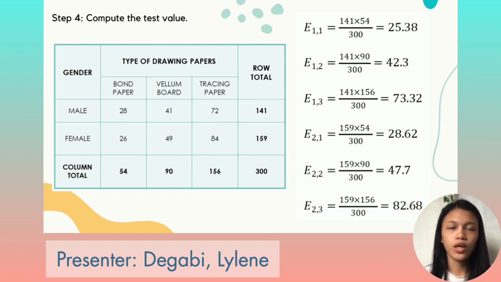In row 2, column 2, 159 times 90 divided by 300 is equal to 47.7. In row 2, column 3, 159 times 156 divided by 300 is equal to 82.68.